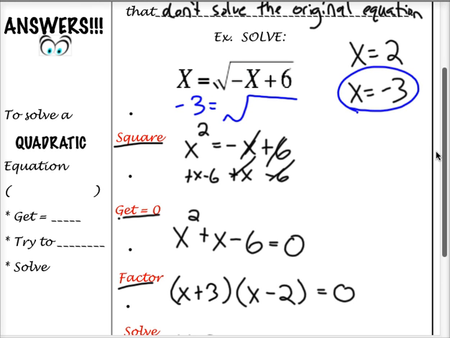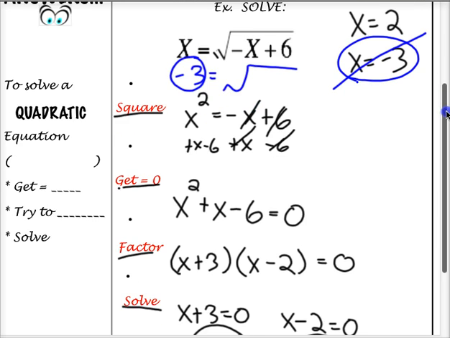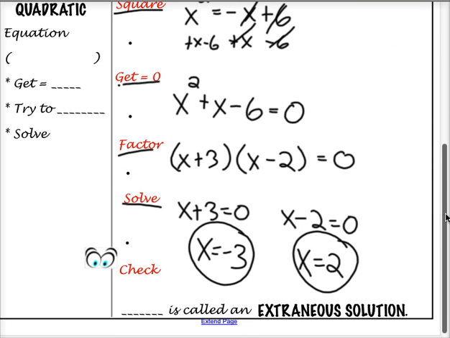And in math, we don't allow that. That will not solve this radical equation. So because your radical would be set equal to a negative value, we say that is not a legitimate solution. It does not solve the original equation that started this problem. So that's why we say that negative 3 turns out to be an extraneous solution.